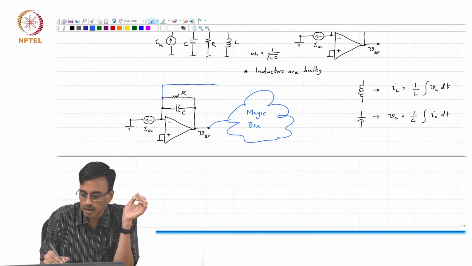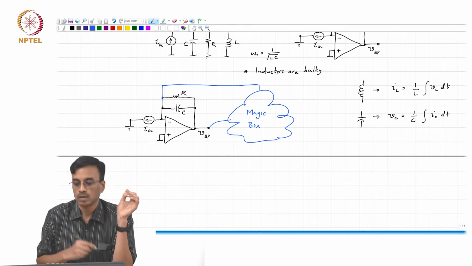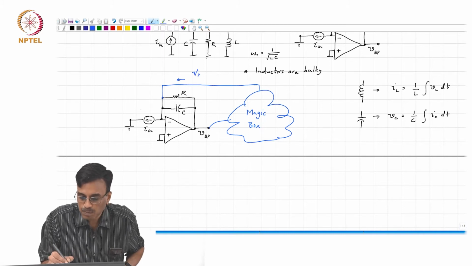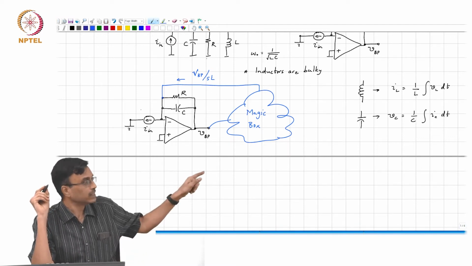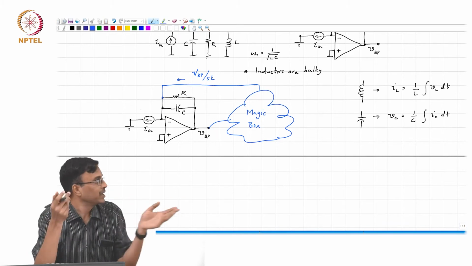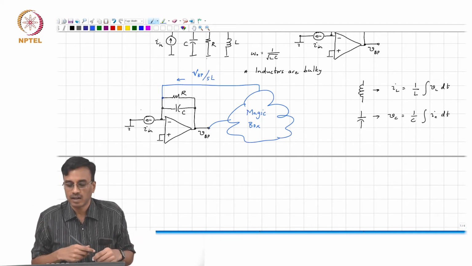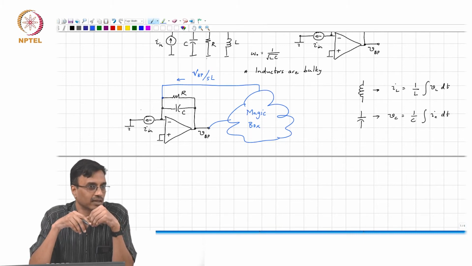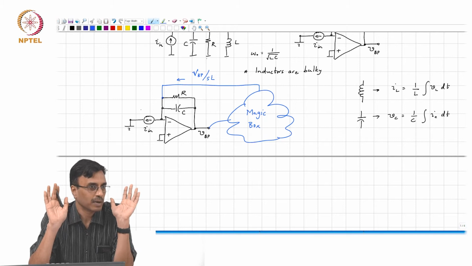It should generate a current which is VBP over S times L, okay? And it should do it without using an inductor. I can't say the magic box and then inside I have another inductor. That doesn't make sense, correct? And we need only one integration. So in principle, what do you think must be there inside that magic box? There must be at least one capacitor. Does it make sense? Alright.